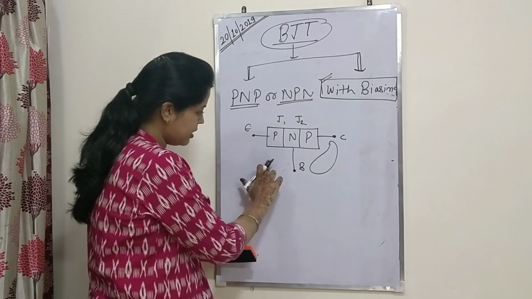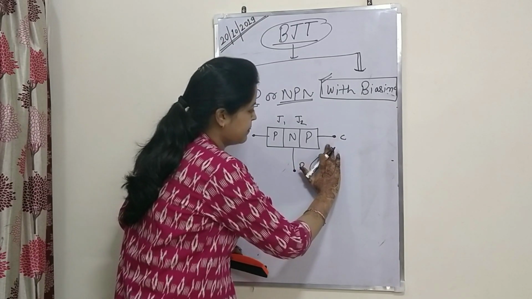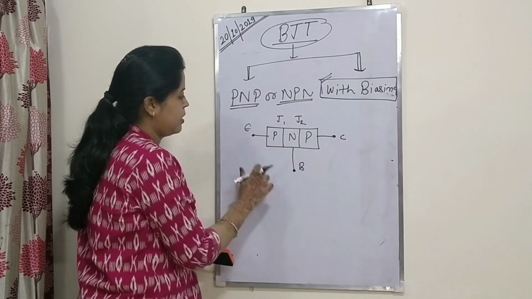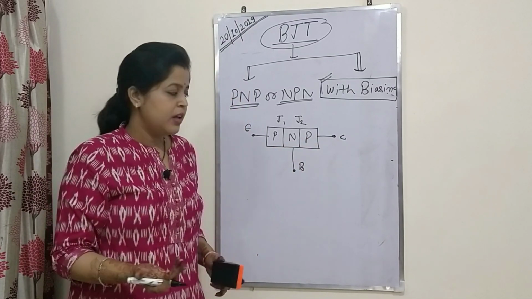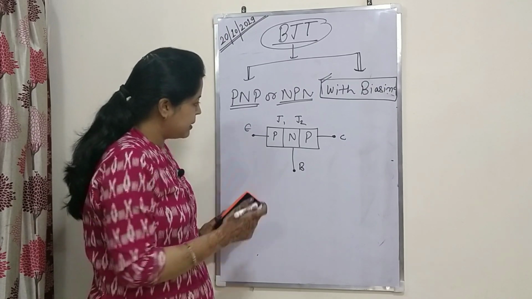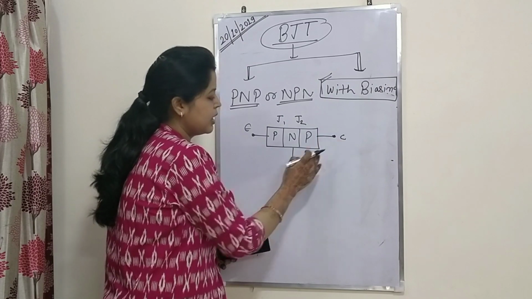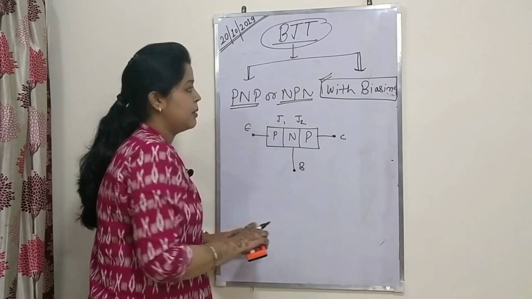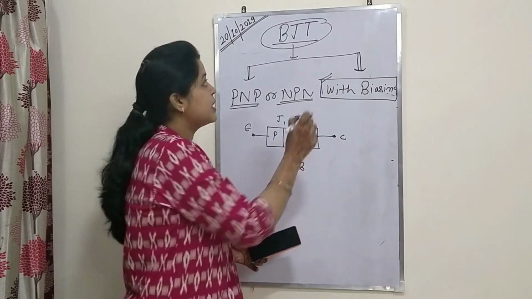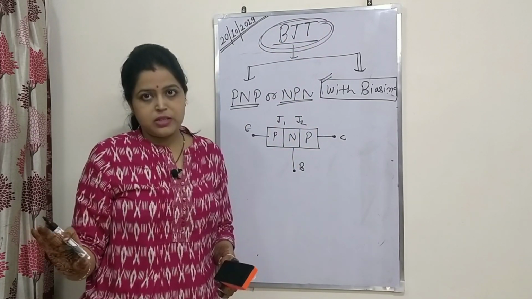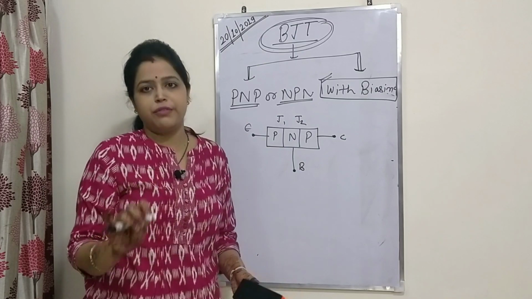One at this section, another at this section. Now the thing is, how the battery is connected, what terminal of the battery is connected to the emitter and what terminal of the battery is connected to the collector and base. Basically it depends upon the application of the transistor. For different applications of the transistor, the biasing mechanism will be different.